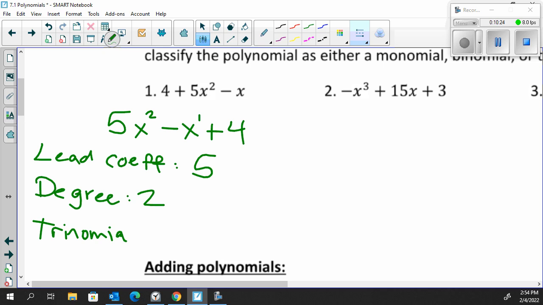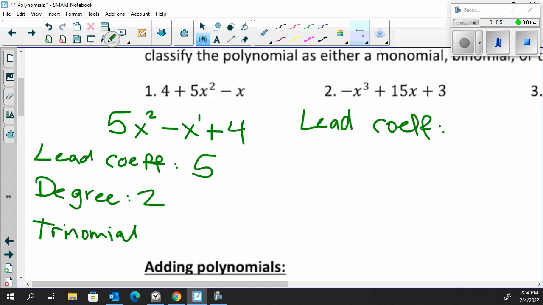Unbelievable. Is this in standard form? Think about it. Yes, it is. It's missing a second one, but that's fine. It goes 3, 1, 0. So it's biggest to smallest, right? What is the leading coefficient? So just the number.